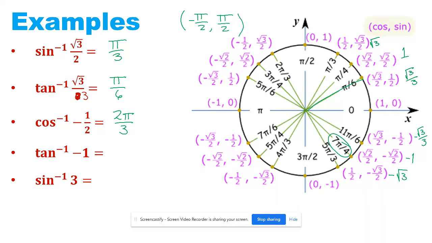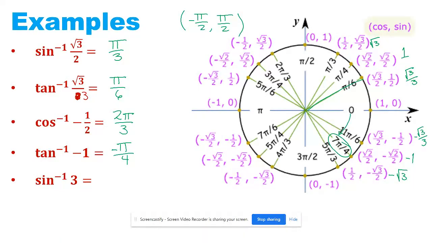So instead of writing 7 pi over 4, which is not in that range, what I want to do is think, okay, if I went negative, if I went this way, how far do I go? And I would go pi over 4 that way. So I'm going to use negative pi over 4.